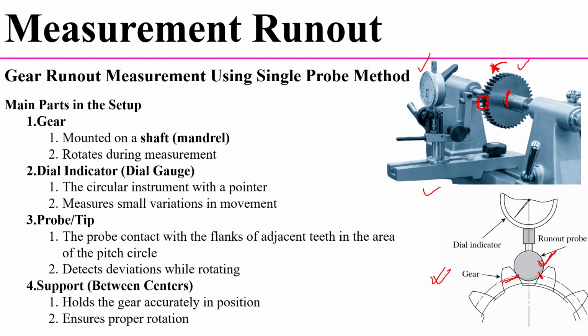And the probe detects the deviations while the gear rotates. Next part is the supports or beam centers. These hold the gear accurately in position and ensure proper rotation. So this is the construction and setup of the single probe method.